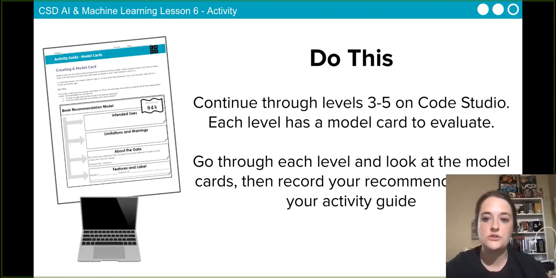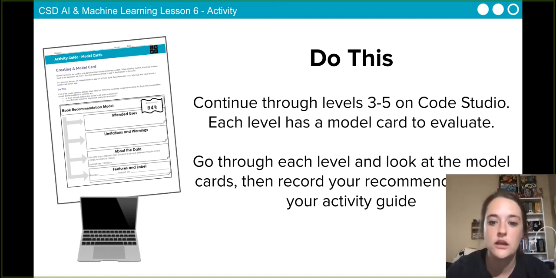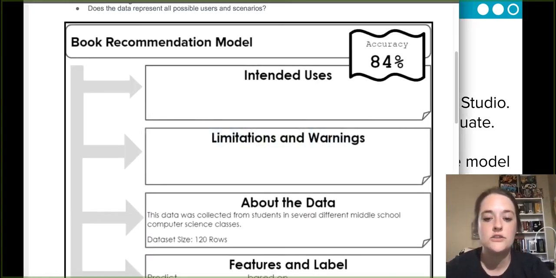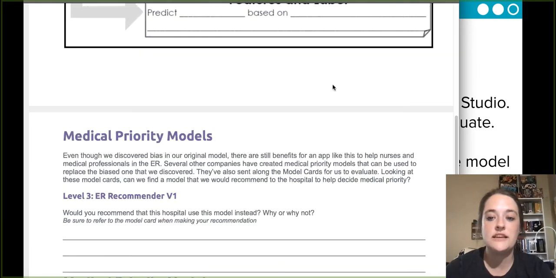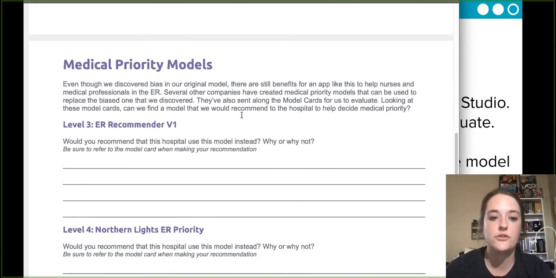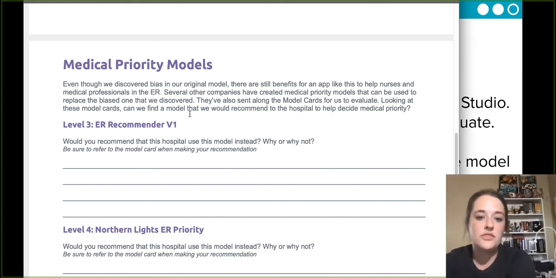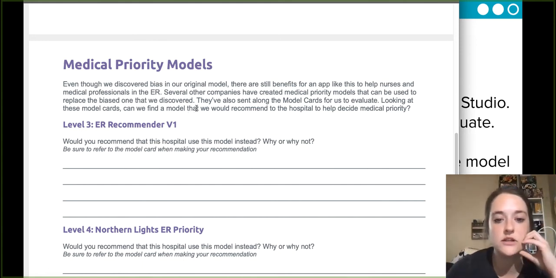So we're going to continue levels 3 through 5 on code.org. Go through each level and look at the model cards, then record your recommendation on your activity guide. So on page 2 of the activity guide, we have level 3, ER Recommender V1, version 1. Would you recommend that this hospital use this model instead?